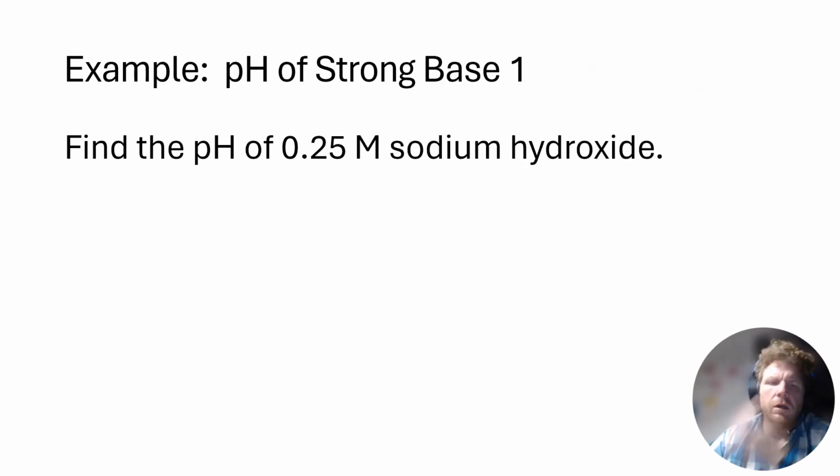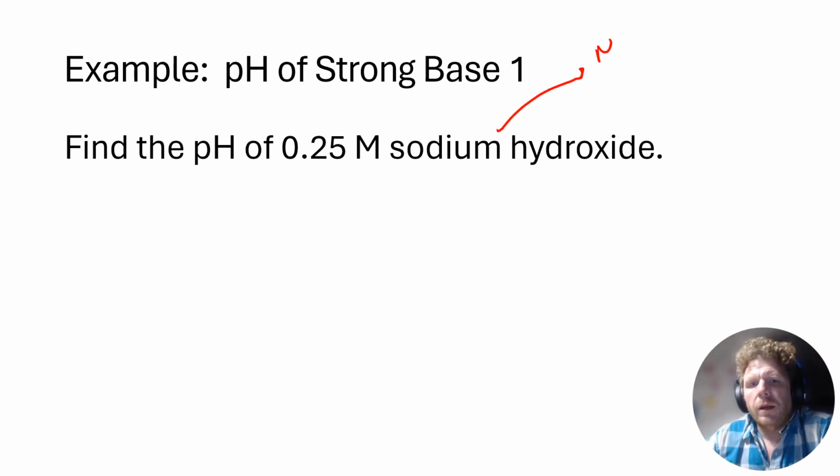Okay, now let's talk about a strong base. Find the pH of a 0.25 molar sodium hydroxide solution. Okay, this is a little bit trickier. So we know that this is a strong base, so it will totally dissociate into a sodium ion, Na plus, and OH minus.